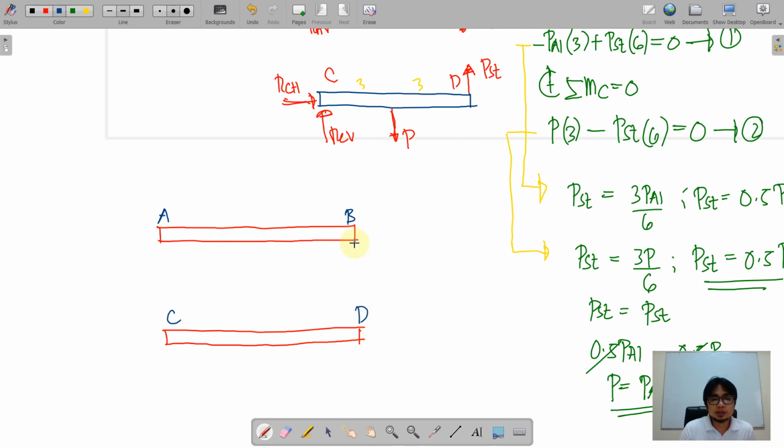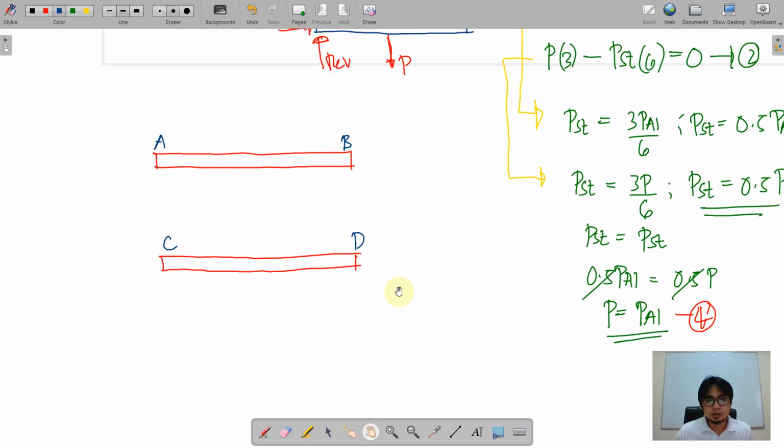All of the bars, or assume that all bars are not subjected to any elongation or do not yield. So that is the first assumption. If it does not yield, remember this is connected, and this is also connected to the ceiling.